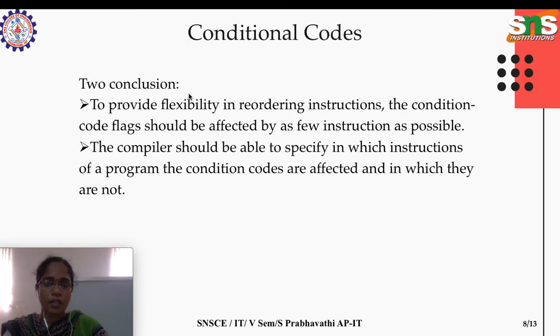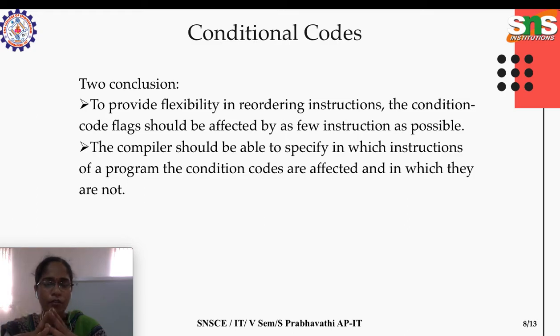Okay, the conclusion is that to provide flexibility in reordering, the condition code flag should be affected by as few instructions as possible in the program. So the condition code flag affection should be limited, because when there is frequent conditional code usage that will introduce a stall, at least one stall, is it not?